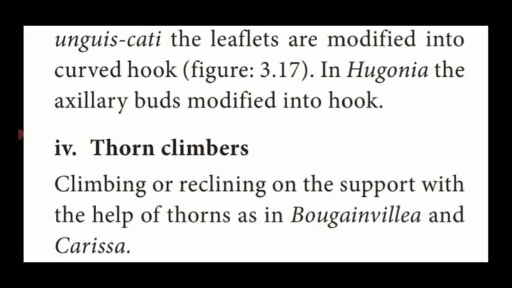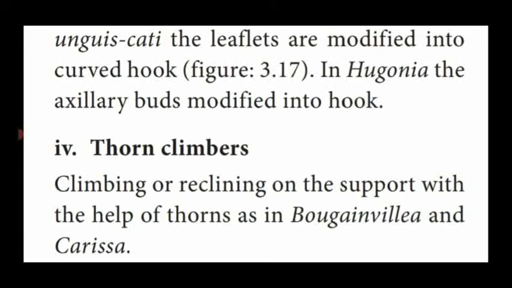Next one, thorn climbers. A sharp pointed thorn means mull, isn't it? Some plants climb or recline on the support with the help of thorns, as in Bougainvillea and Carissa. Bougainvillea, I told you, Kagidapu, isn't it? In those plants, the stem produces a sharp pointed thorn which makes the plant climb on the host plant.